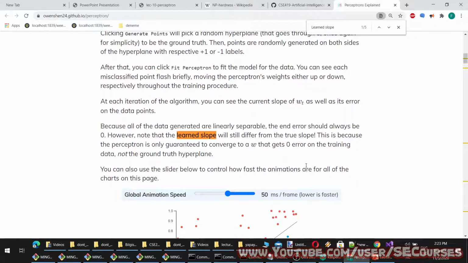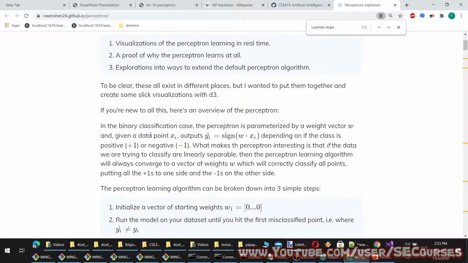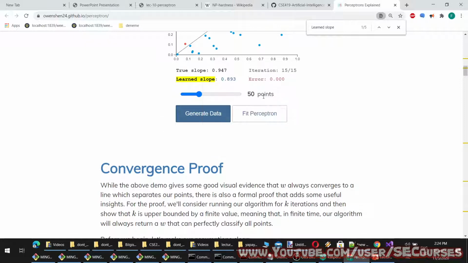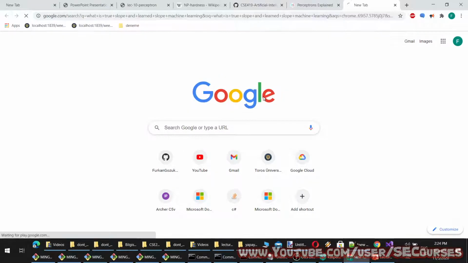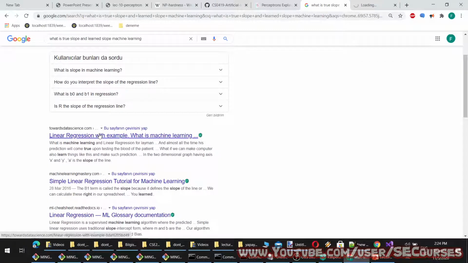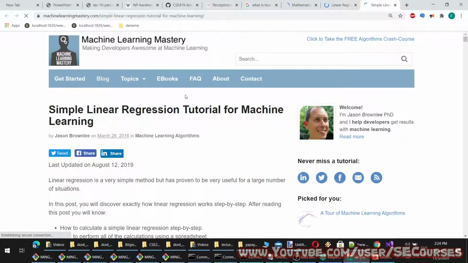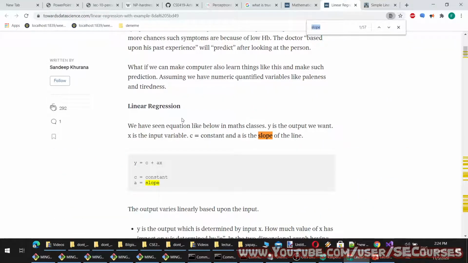So if you wonder what is learned slope, okay, it didn't explain here. I think this is a mathematical term. Slope of the line.